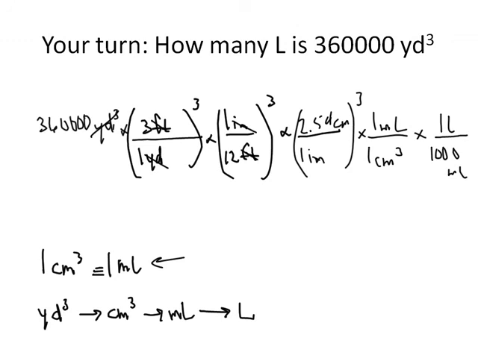I've got 360,000 times 3 cubed, divided by 12 cubed, times 2.54 cubed, divided by 1,000. Which ends up being 92 liters. 2 sig figs, because I had 2 sig figs here in my measurement.